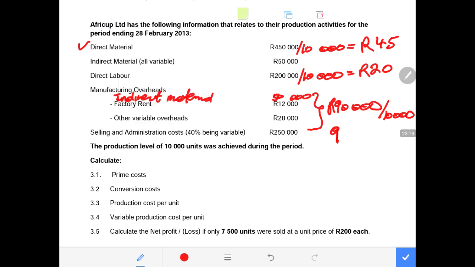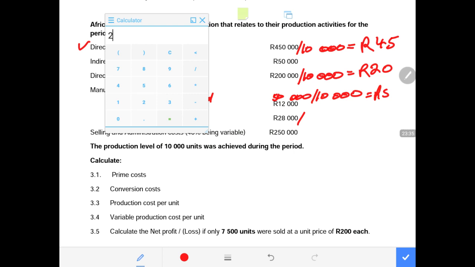And though it's 9 rand, I still want to go into details and calculate it individually. 50,000 divided by 10,000 will give us 5. If we say 28,000 divided by 10,000, we get 2 rand 80 cents.